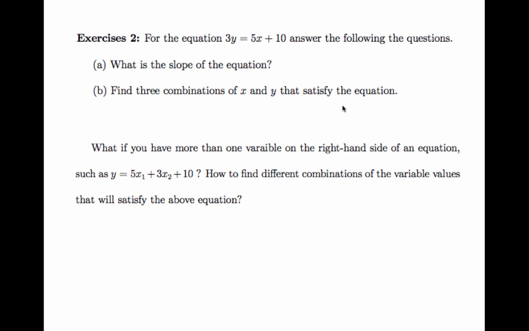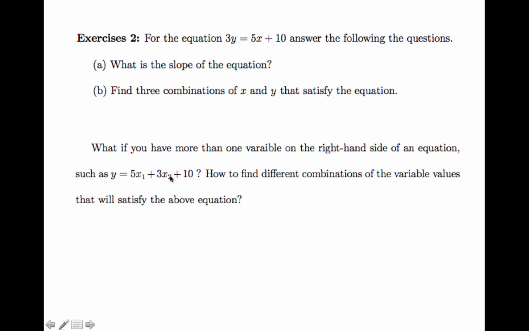Now let's look at a situation when we have more than one variable on the right hand side of an equation. For example, y equals 5x1 plus 3x2 plus 10. There are two right hand side variables, x1 and x2, so the value of y depends not only on x1 but also on x2.